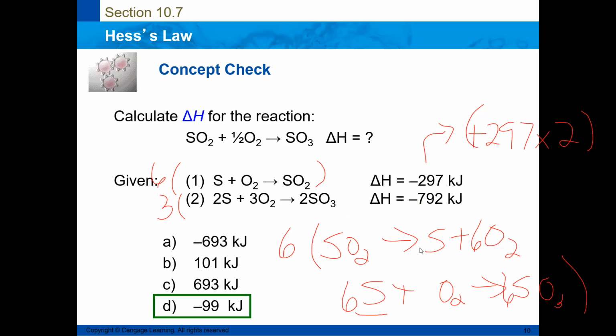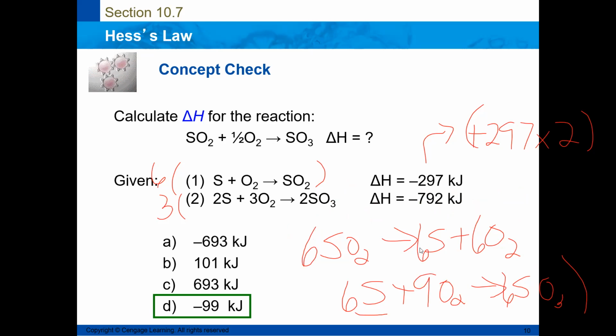And it's best to have it done the right way. Okay. So since we're multiplying it times 6 and reversing it, we're going to end up with 6 SO2, 6 S's, and 6 over 1/2. No, sorry, 6 times 2 is 6 O2s, right? And that looks crazy. And this was a 9 right here.